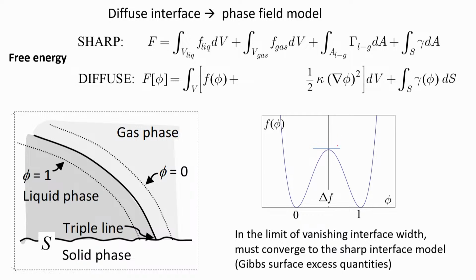I could, and I should, also integrate over the solid surface, S shown here. S is the solid surface, this one, right? To get the interface energy between the solid and liquid, and solid and gas.